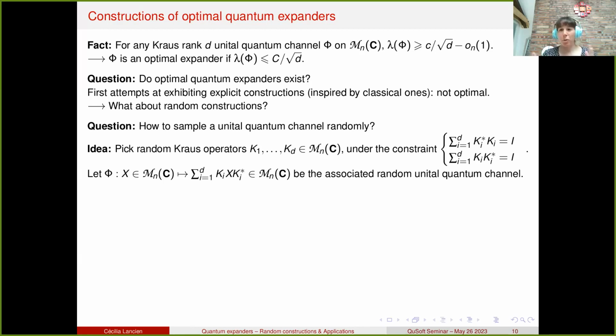Because saying, okay, I will sample a uniformly distributed unital quantum channel over the set of quantum channels that have Kraus rank at most t, is not really something that you can analyze directly afterwards.